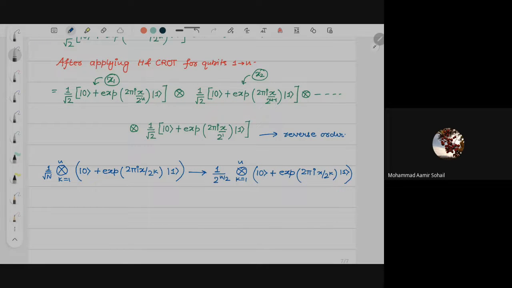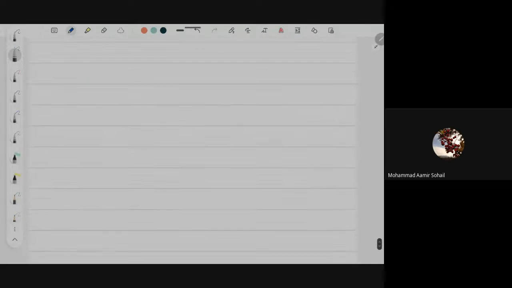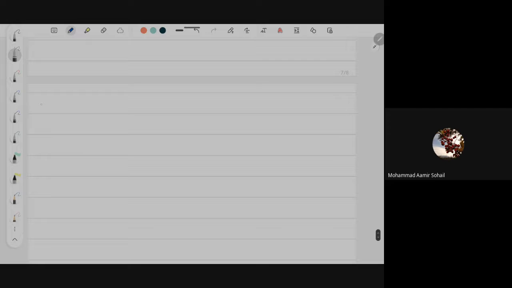So maybe just for 10 minutes, we'll go through an example quickly for this QFT, and we'll also try to implement that example in Qiskit. So let's quickly consider an example for this circuit implementation.